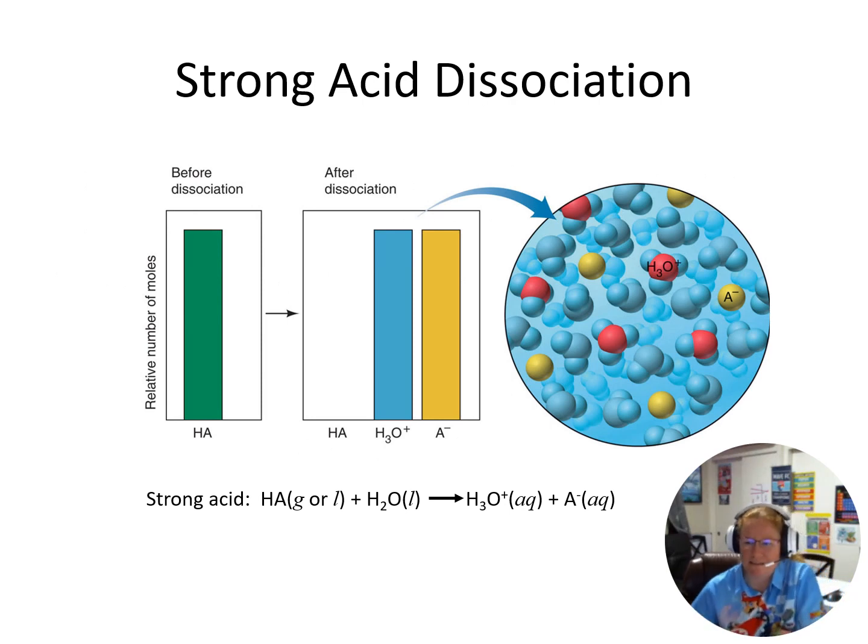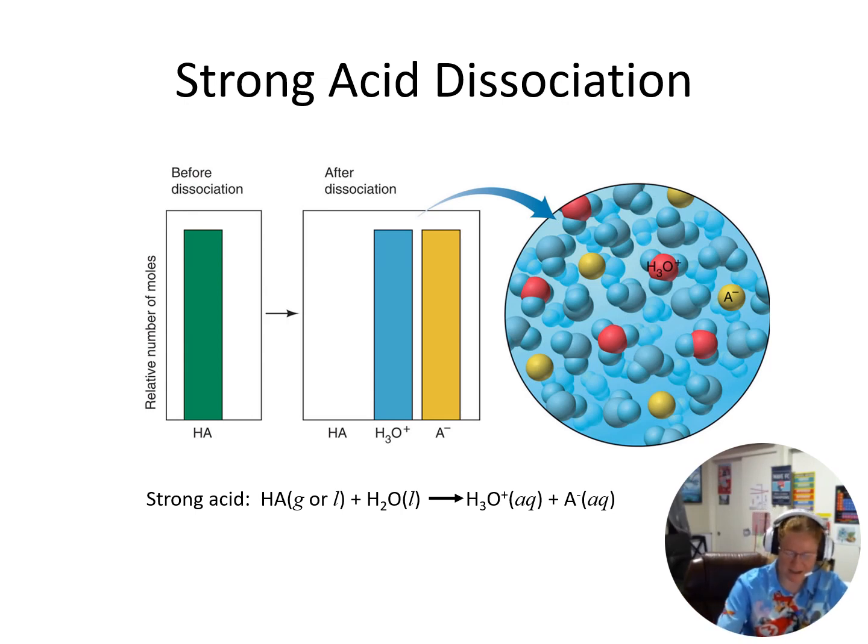So here is a dissociation for a strong acid. All right, so before dissociation, I have all acid molecules. Once you put it in solution, it dissociates, and now you can see my after dissociation diagram. I don't have any of my original acid left, but I have all ions.